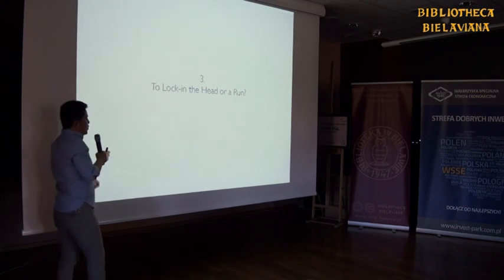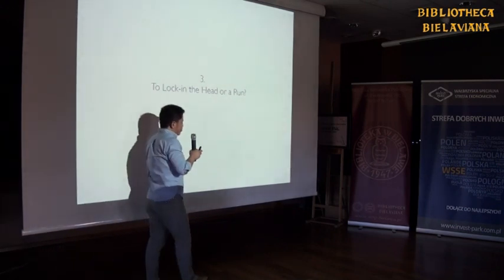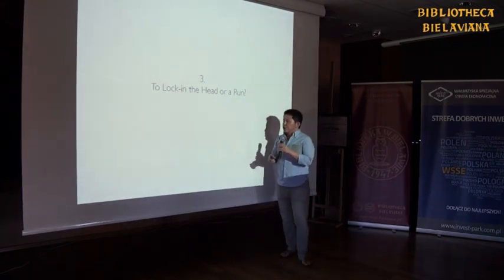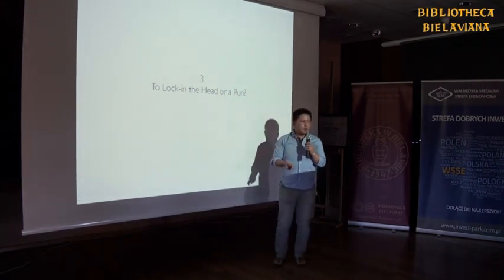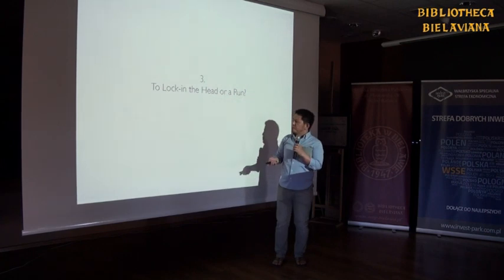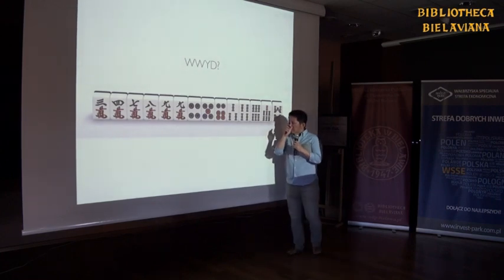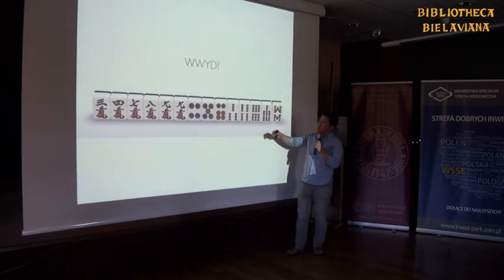The last topic that I'm going to cover in tile efficiency is a choice between the head or run. This is something that we actually frequently come across in playing games. So what would you discard here?